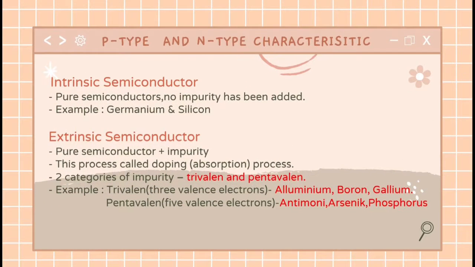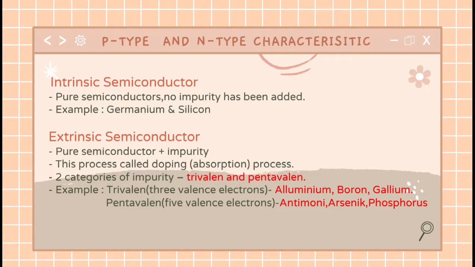P-type and N-type characteristics. Intrinsic semiconductor is a pure semiconductor which has been carefully refined to reduce the impurities to a very low level. No impurities have been added to the semiconductor, such as germanium and silicon.